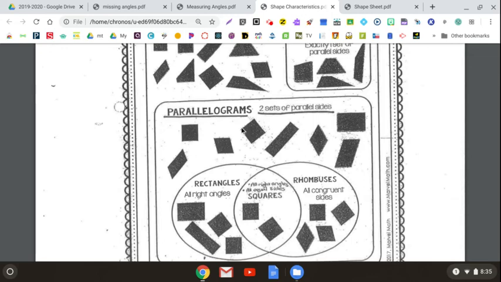And so a parallelogram that has all congruent sides is a rhombus. A parallelogram that has all right angles becomes a rectangle. Rec right there in the front means right. And if you're a rectangle and a rhombus, that is, if you have all right angles and all equal sides, you get to become a square, who is the bestest quadrilateral ever.